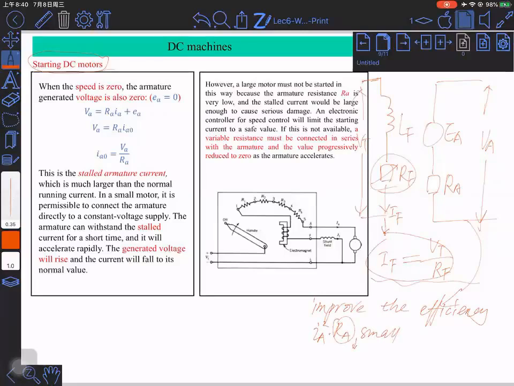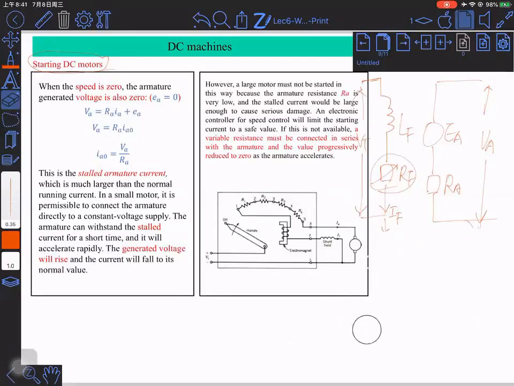These days, efficiency is so important, so it is worth doing this. And actually, in most of the DC machines, RA is very small. So to improve the efficiency, RA is very small in most DC machines.